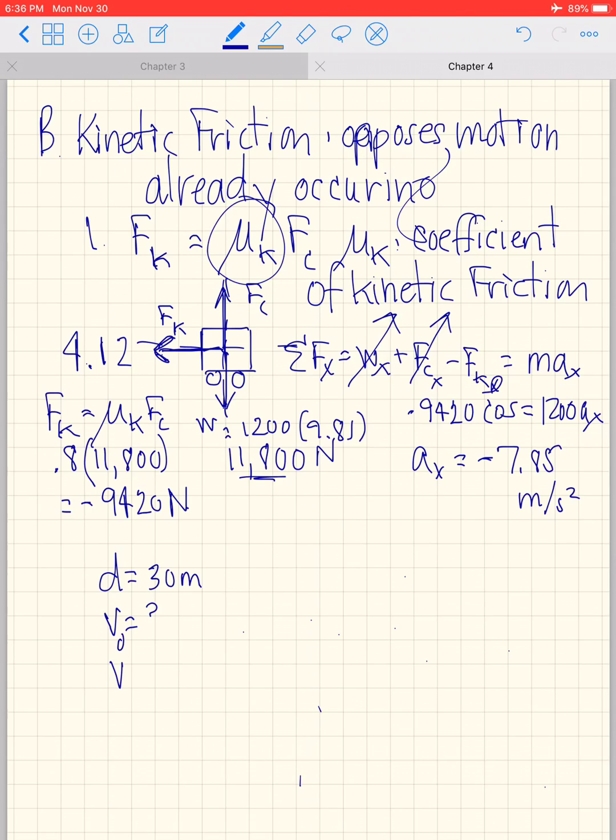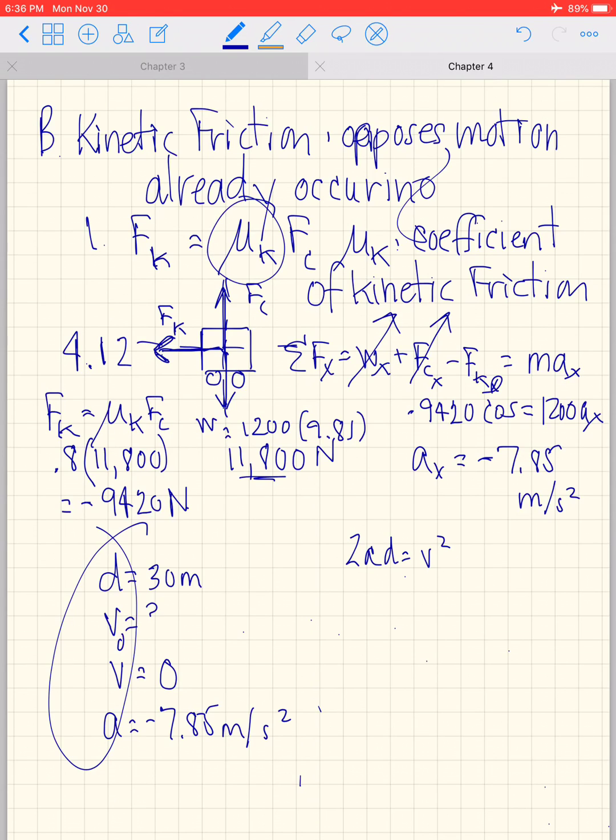But I know V final is 0 because it has come to a stop. And my acceleration was a negative 7.85 meters per second squared. And what equation am I going to use for this? My old standby: 2AD is equal to V squared minus V naught squared.